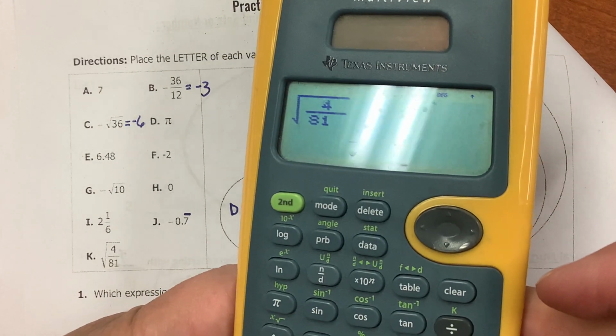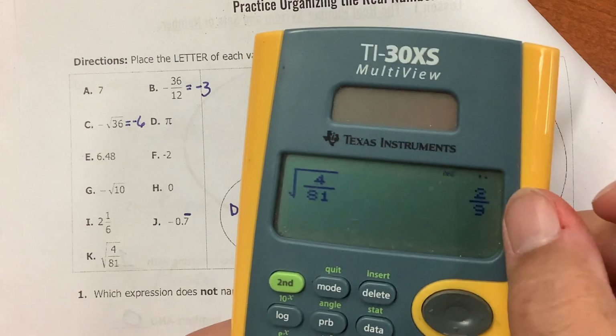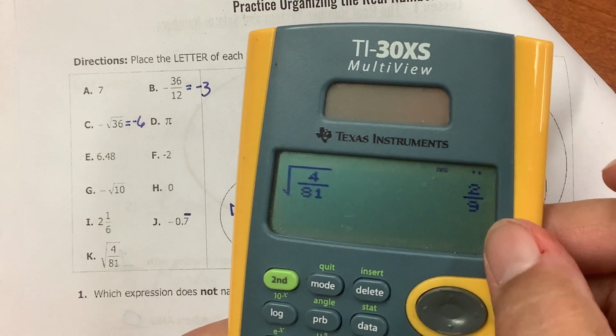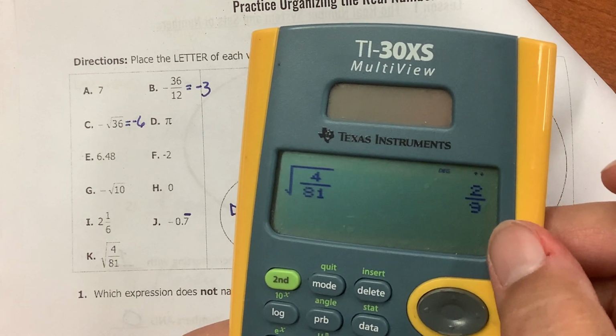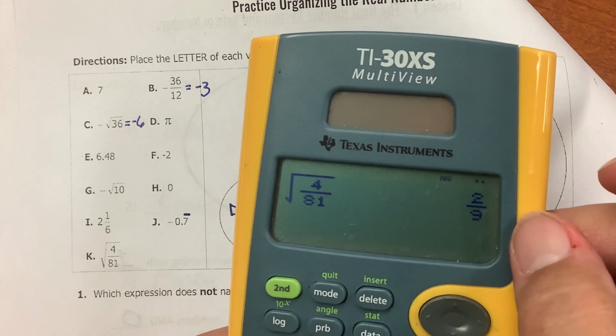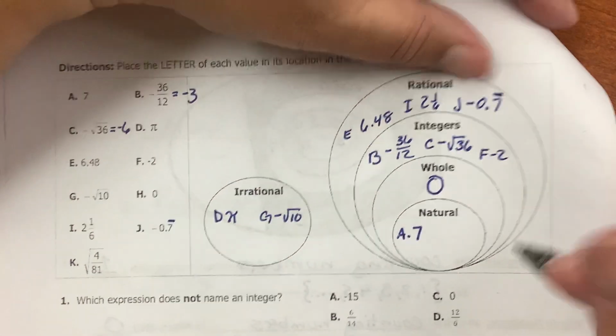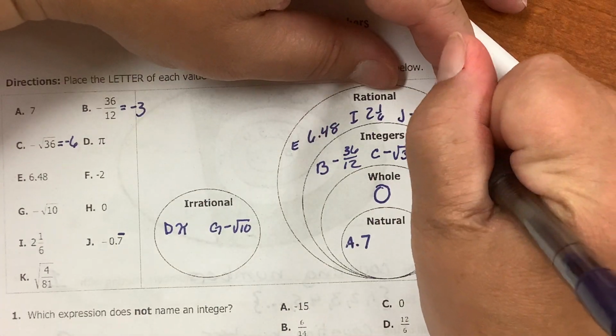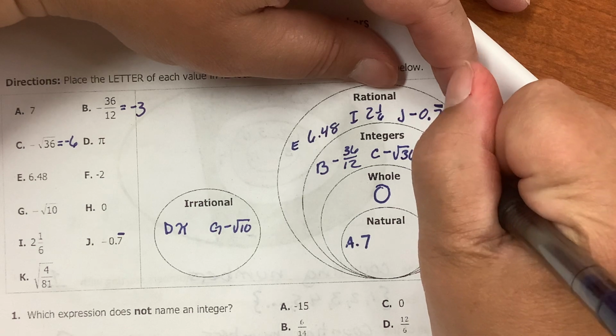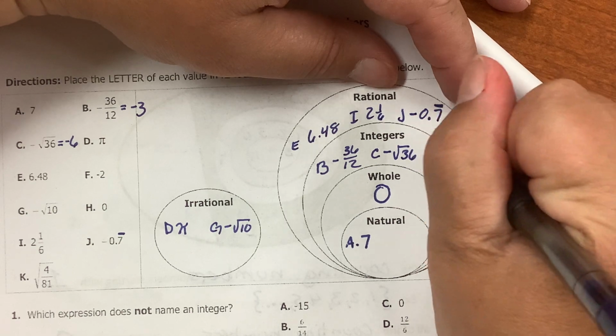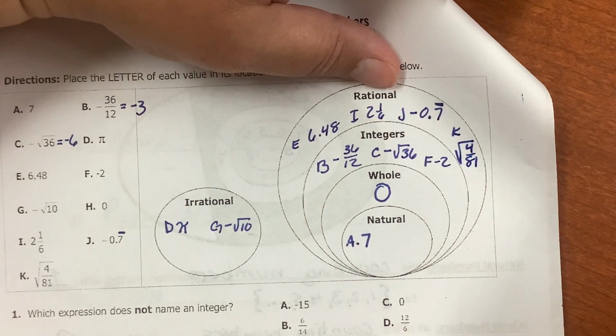We'll talk more about those, don't worry. Oh, and both of them have turned into numbers. So the square root of 4/81, I don't know how to say that, is 2/9. So that is rational. So letter K, that crazy fraction, square root of 4 over 81, turns into a rational number.